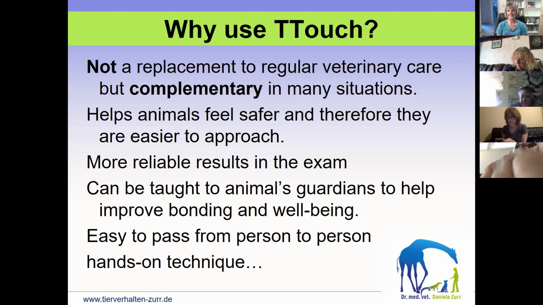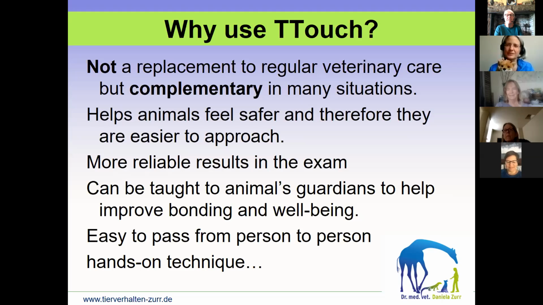And maybe somebody will do something really soft. So TTouch offers you the chance to need only a very short period of time to pass precise information about what an animal likes. And that's, from my experience, something that gets people interested who wouldn't be interested just because it's about welfare or so.